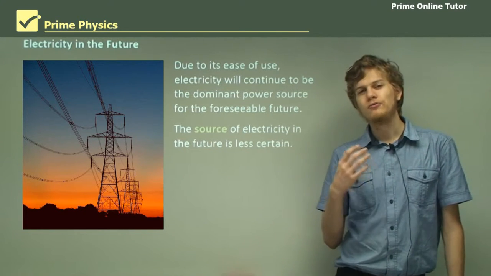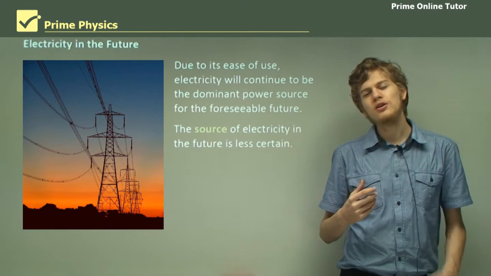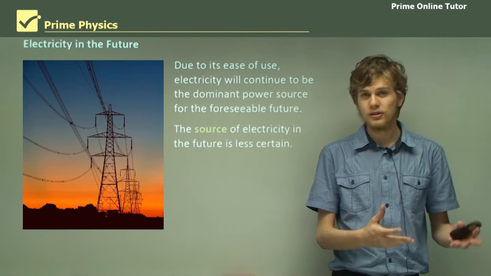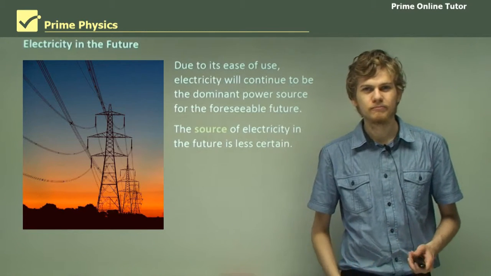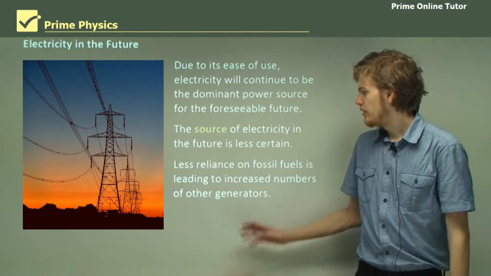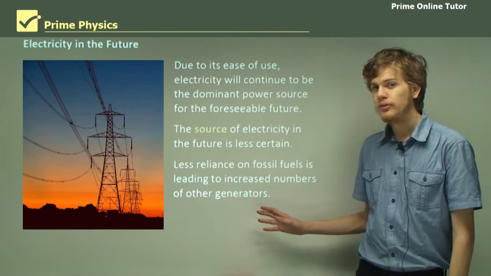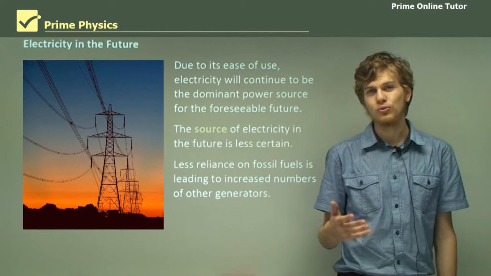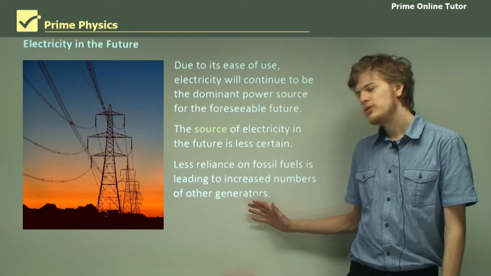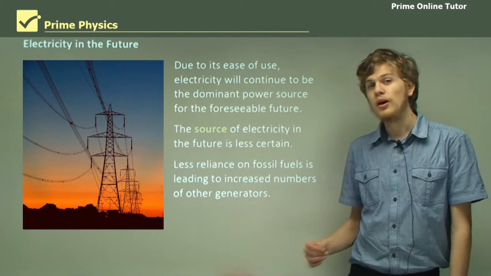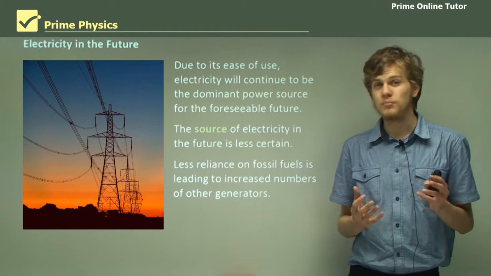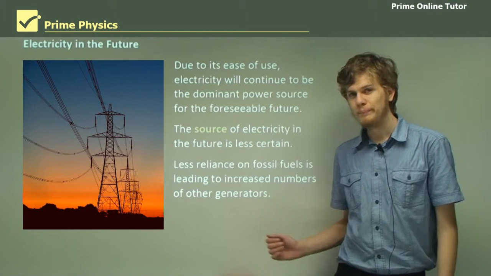In the future, we might find other sources of energy that we can convert to electricity, perhaps more efficiently or more safely. So less reliance on fossil fuels, as we run low on fossil fuels, is leading to an increased number of other generators. Right now, nuclear generators in particular are becoming more common.